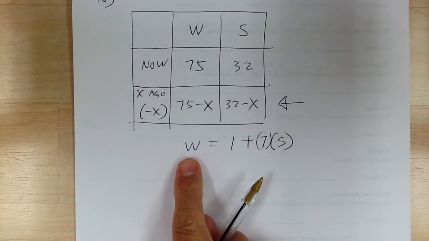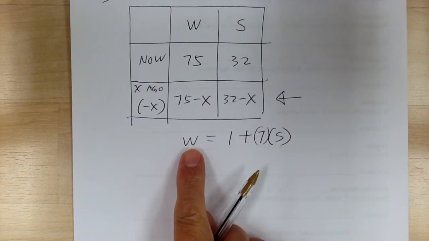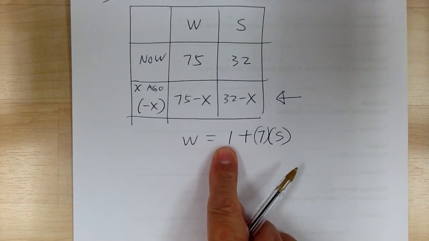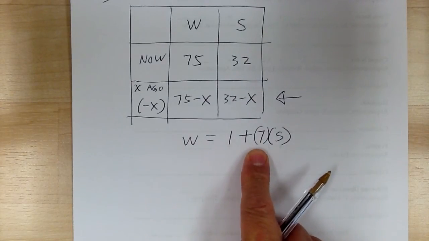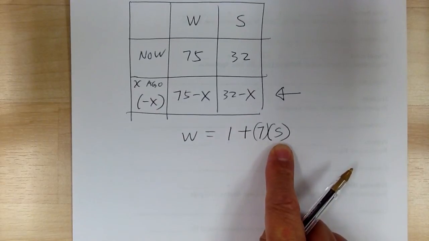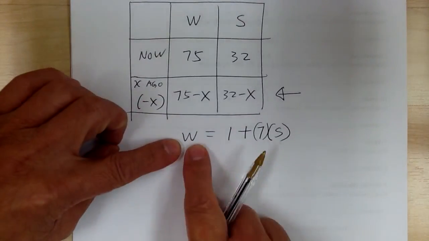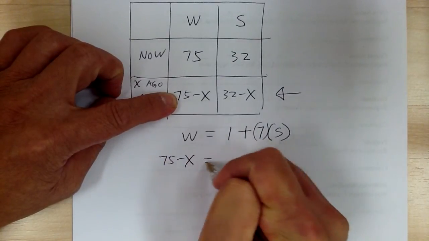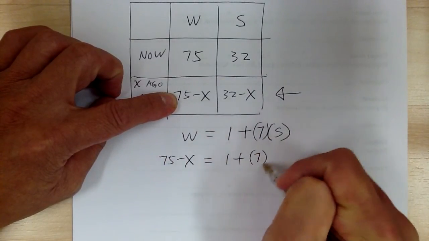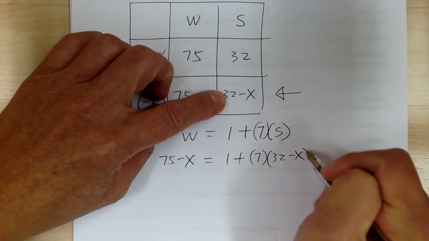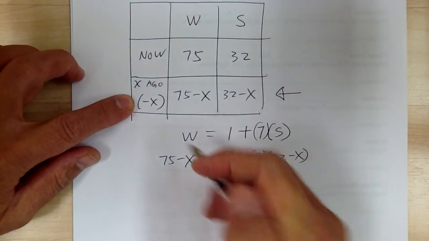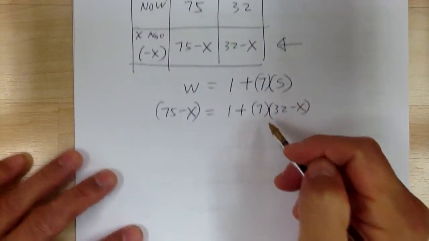So now you go and substitute, right? So Grandma Wessel is over here, so that's your 75 minus X. And this is 7 times 32 minus X, right? Again, my grandson over here is this, okay? So now you have to work it out.